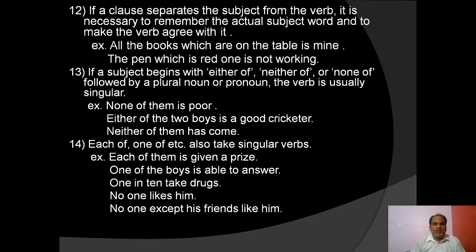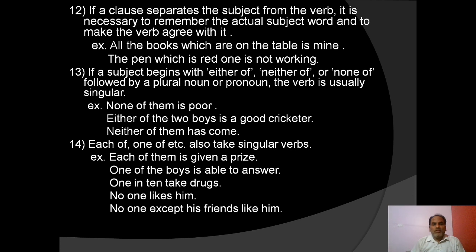So let us discuss another situation, number 13. If a subject begins with either of, neither of, or none of, followed by a plural noun or pronoun, the verb is usually singular. None of them is poor. Here them is plural, but the verb is singular because of the use of none of.